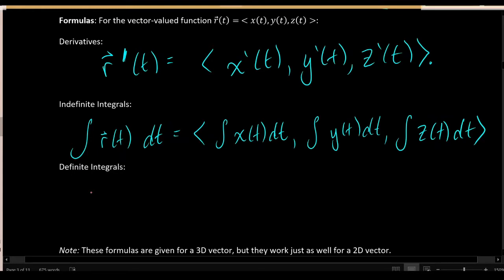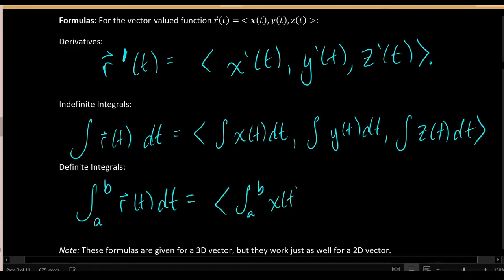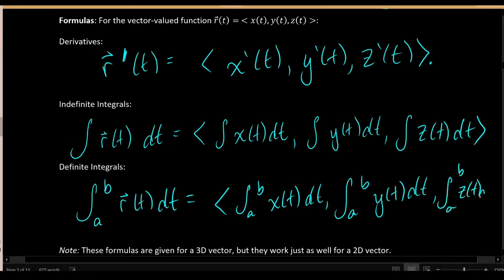And likewise for definite integrals. If you're integrating from an initial t value to a final t value of a vector-valued function, then just do that integral of each component separately. So beautiful. I love vector calculus because it's exactly as simple as you always wish it would be. Just do it one component at a time.